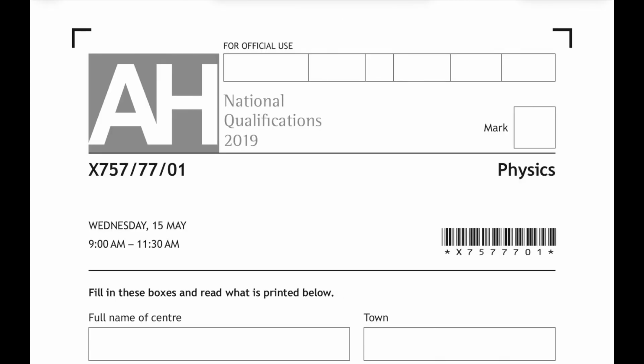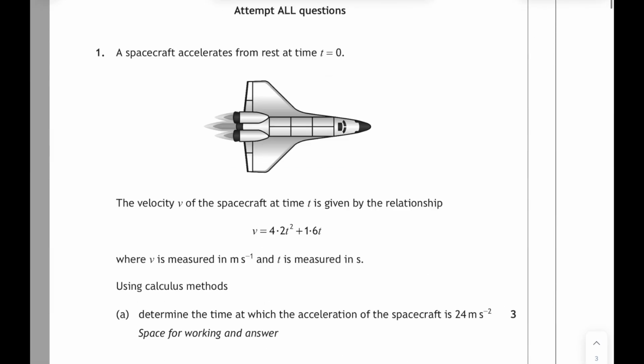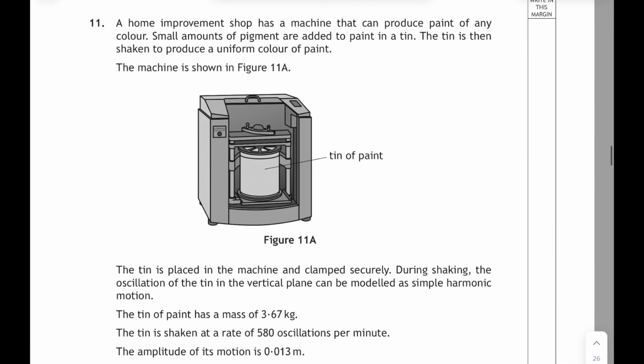A lot of maths in there, but let's have a look at another one. This is the 2019 paper, Simple Harmonic Motion again, and this time it's question 11. A home improvement shop has a machine that can produce paint of any colour, and small amounts of pigment are added to paint in a tin.